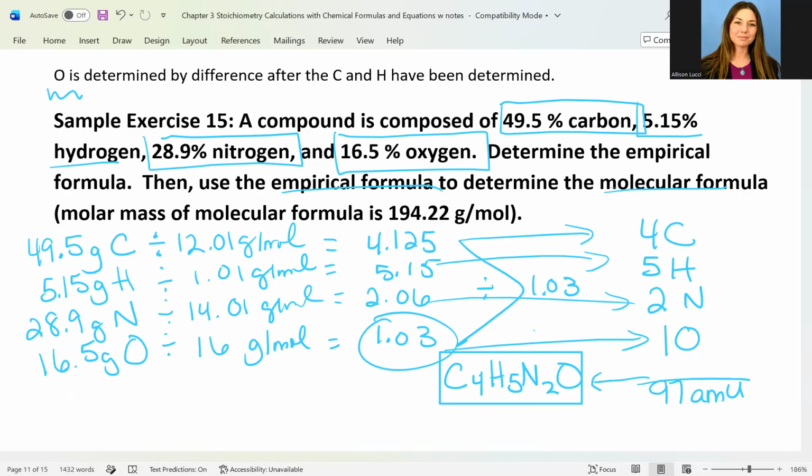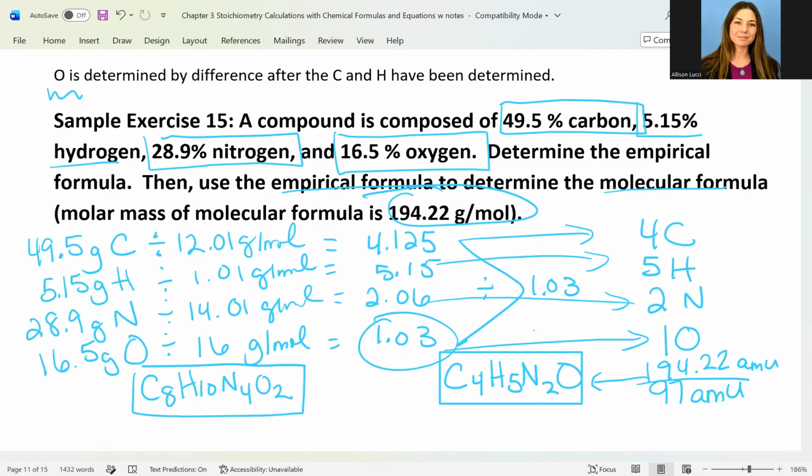And when we divide the molecular mass given, 194.22 grams per mole, we can also use the unit of AMU, we see that that's about a 2-to-1 ratio. So our molecular formula would then be twice the empirical formula, or C8H10N4O2. So again, based on that molar mass of 194.22 grams per mole, we found our molecular formula to be C8H10N4O2.